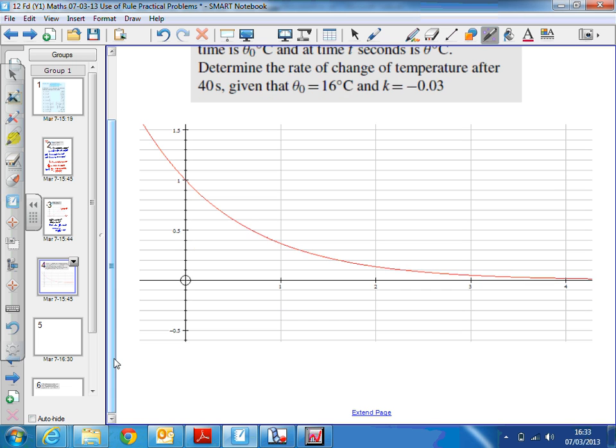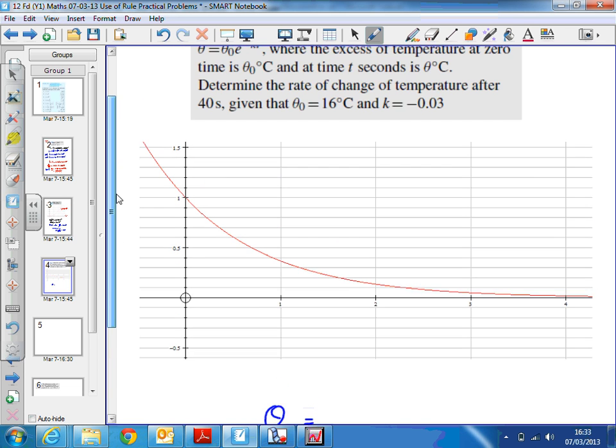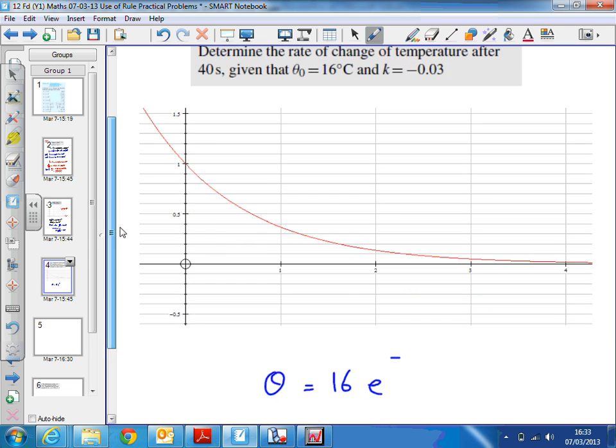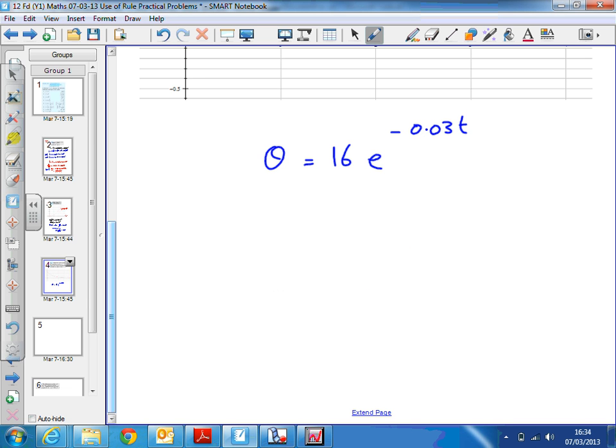So theta equals theta naught, which is 16, e to the minus k, which is 0.03 t. And then I'm going to differentiate it and find out what the rate of change of temperature is when t equals 40 seconds. So which rule do I use to differentiate, and what's the answer?